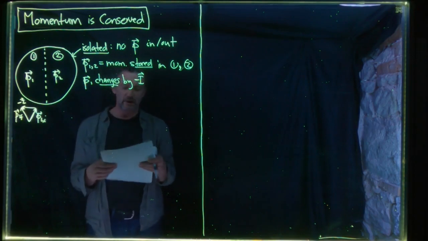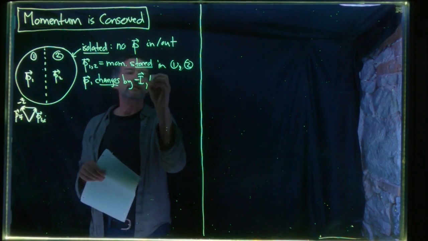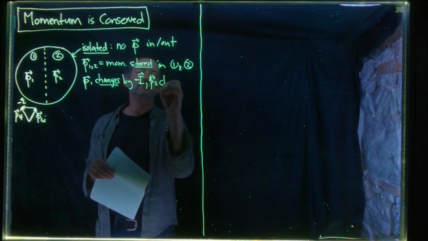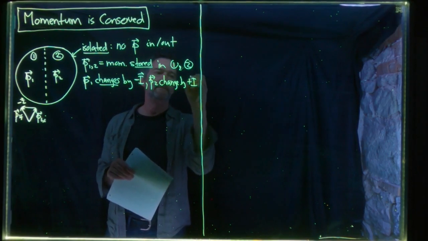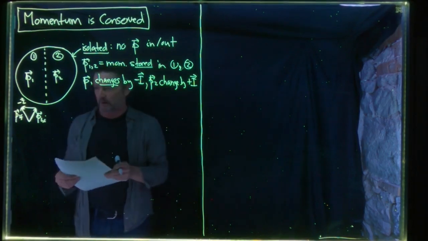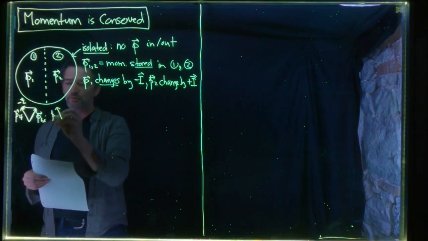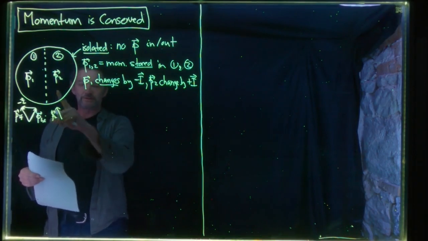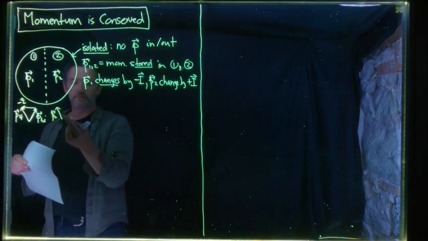Okay, if P1 changes by minus I, then P2 must change by plus I. And so suppose that P2 was initially this vector. Remember, P is a vector quantity, so it has some length and some direction.